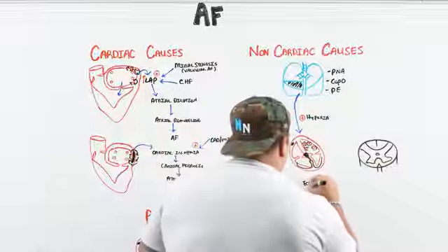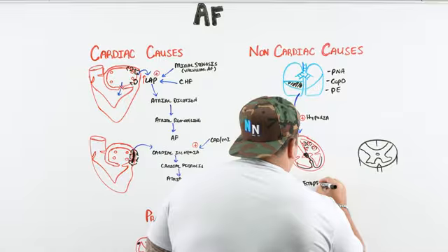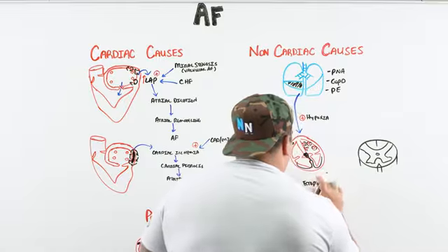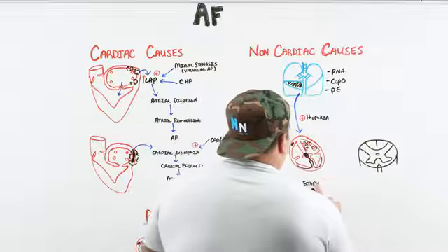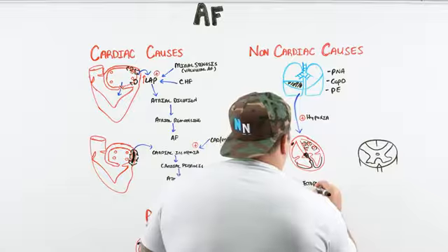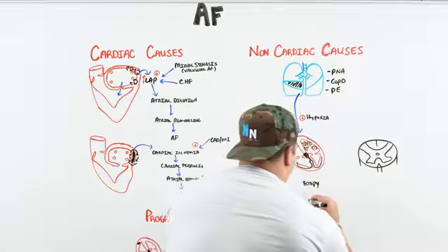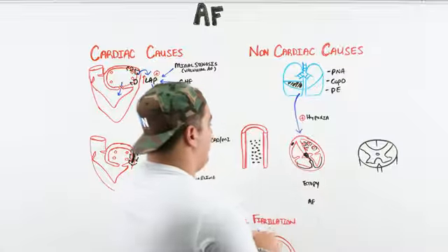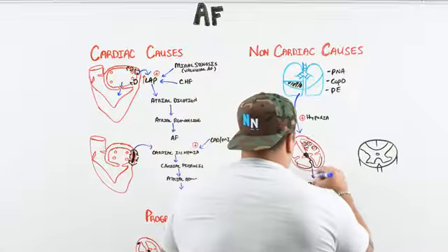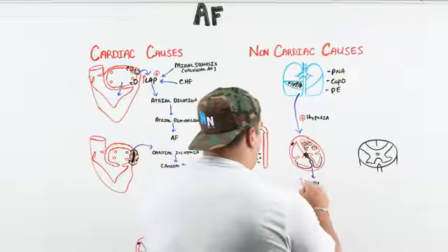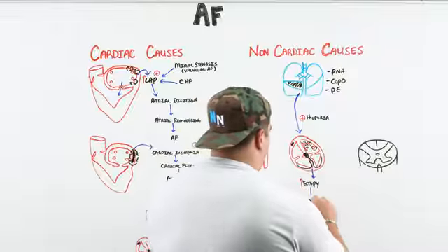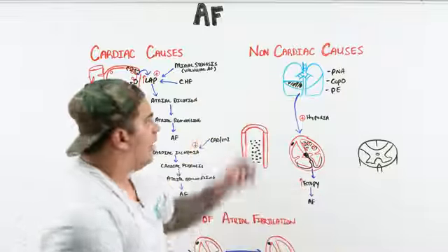We call that ectopy, this ectopic firing of these atrial cells. And when this ectopy occurs, it doesn't follow the normal electrical pathway, which then leads to atrial fibrillation. So we see a ton of ectopy in these patients, and this can then precipitate atrial fibrillation.